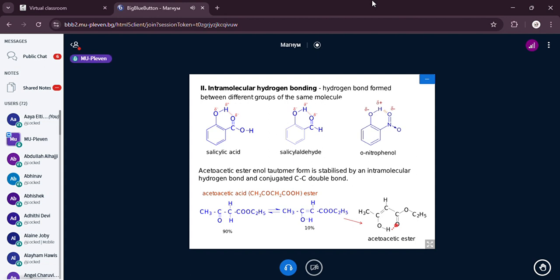Another reason, which I'll mention later, is existence of conjugation between these double bonds. So there is double, single, double bond, and in such a case we say there is possible conjugation between these bonds.